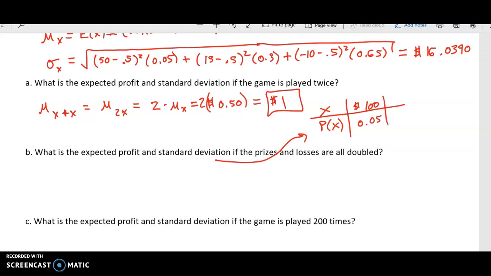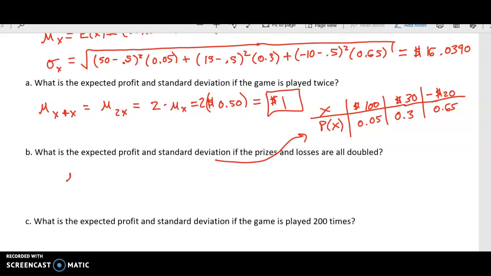Chance is the same. This becomes 30 bucks. Chance is the same. Now we're losing 20 bucks. Chance is the same as previously. Okay, but we don't have to recalculate the mean and standard deviation.